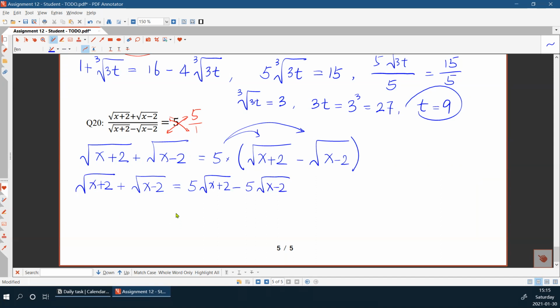Correct? Then try to merge similar terms.